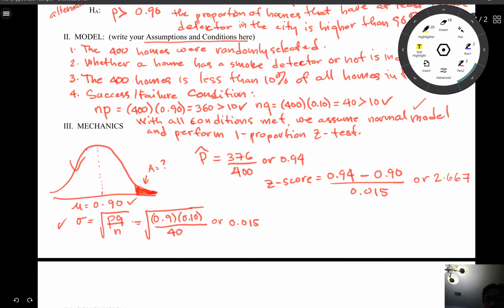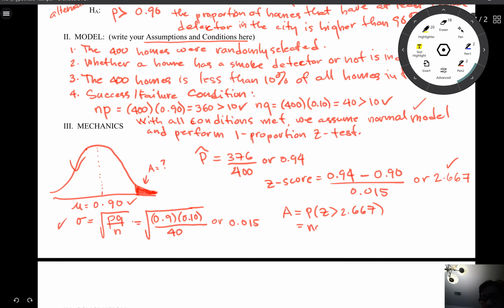The area there is going to be the probability that the z, all the z's in here, is to the right of 2.667. So the z is higher than 2.667, and so we compute that by using the norm CDF.